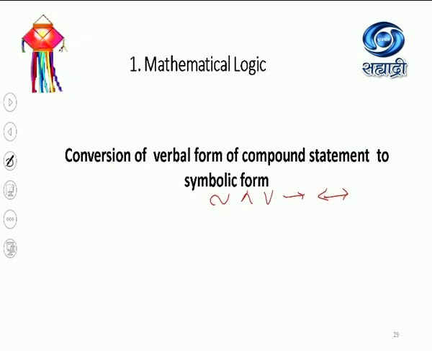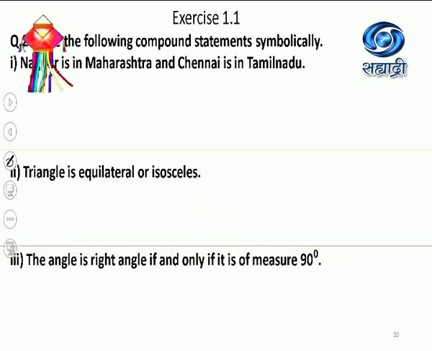Okay, now I go for the first exercise 1.1, Question 2. Write the following compound statement symbolically. Now students, please, one thing over here is very clear. Now we have moved over from sentences to statements.